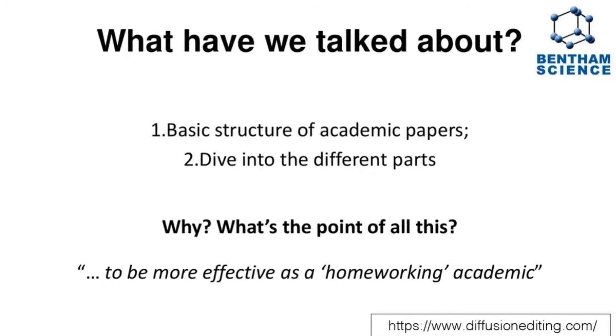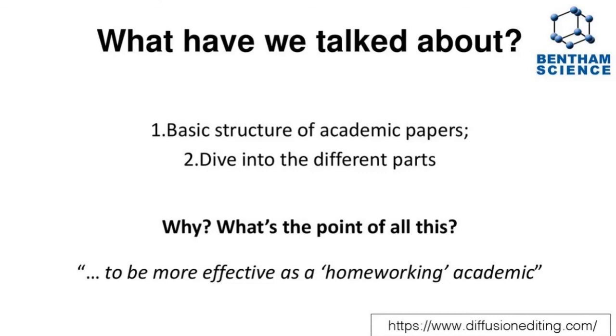So, as we come to the end of the webinar content for today, let me go over what we've talked about in this presentation. We have talked about two things: the basic structure of academic articles. Remember, the abstract and the title, that's one section. The rest of the paper, that's the rest of the structure.